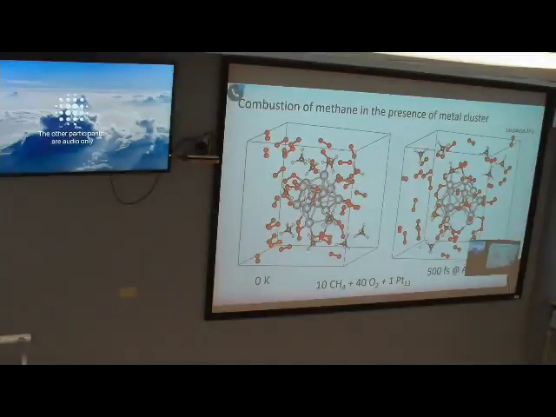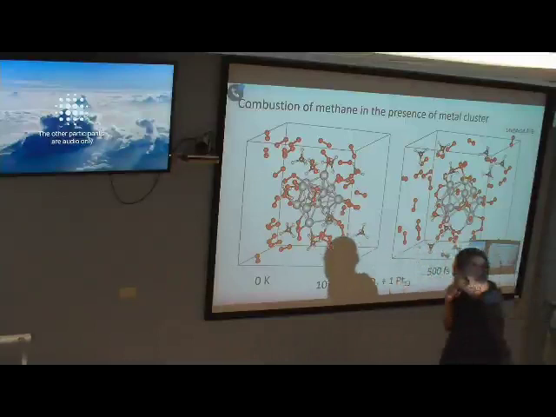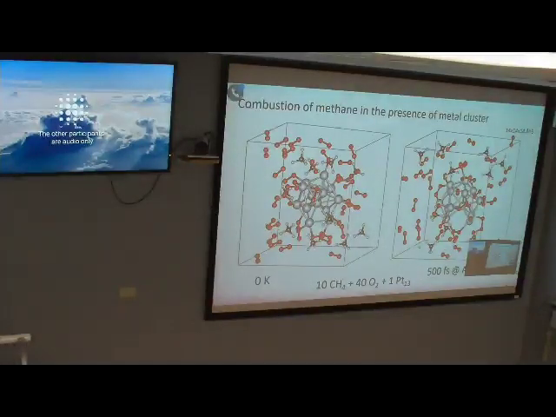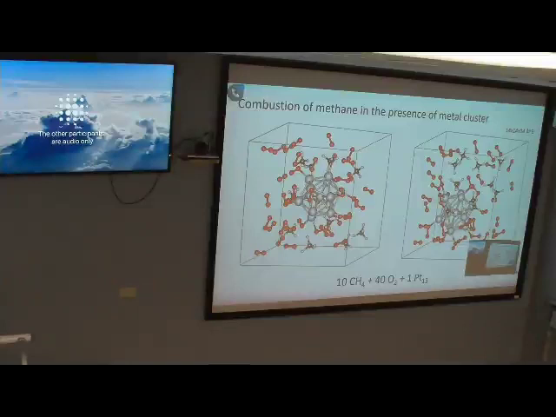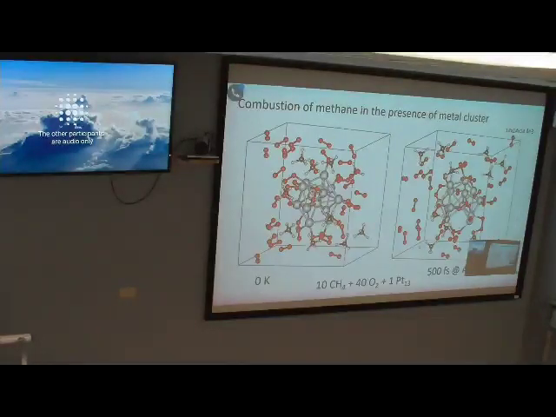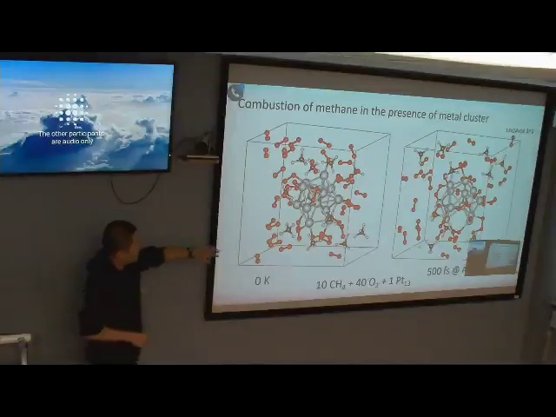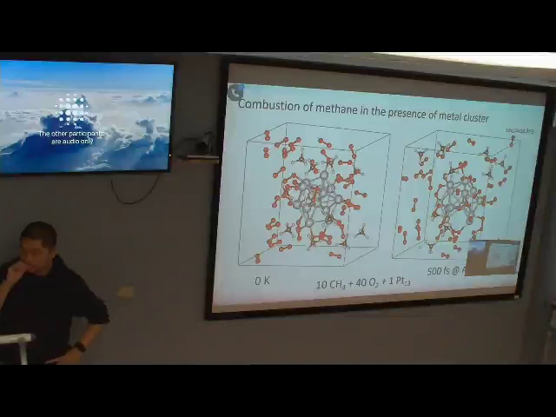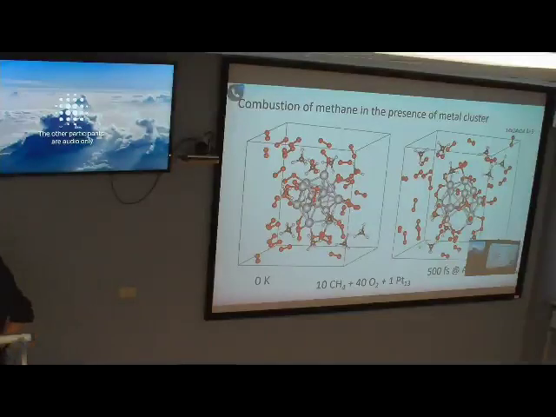In previous slides, all oxygen molecules were in molecular intact form, coordinated to metal by only one of the two atoms. I guess we should compare the first one with this one. And here, about half of the oxygens are adsorbed, I don't know the right word.